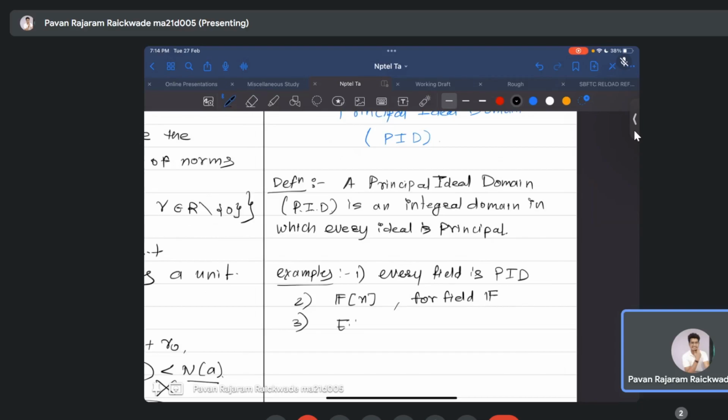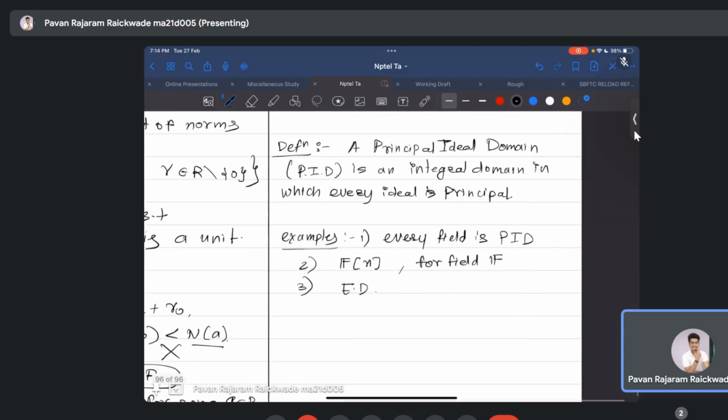So I can write Euclidean domains as examples, because every Euclidean domain is a PID. And a counterexample, as we have already noted, Z[x] is not a PID. Indeed, the ideal generated by 2 comma x is not principal.